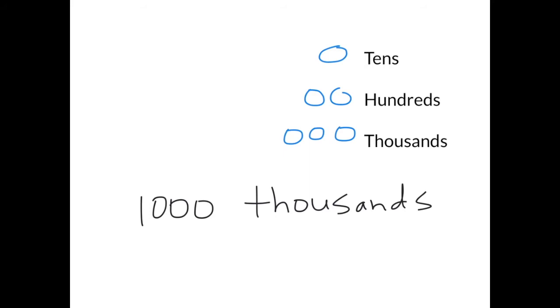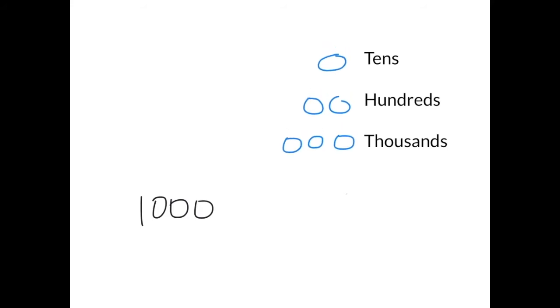How about we replace the word thousands and put it in standard form. Standard form means the numbers. So I'm going to take this number right here, the thousands, and replace it with this. And we're going to come up with a number. And I want you to try and guess while I do this what that number would be. So I'm going to erase this. So what would 1,000 thousands be? Let's erase this. Oh, we can't move all that.